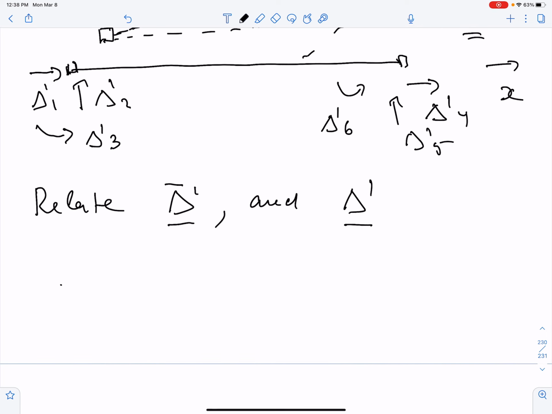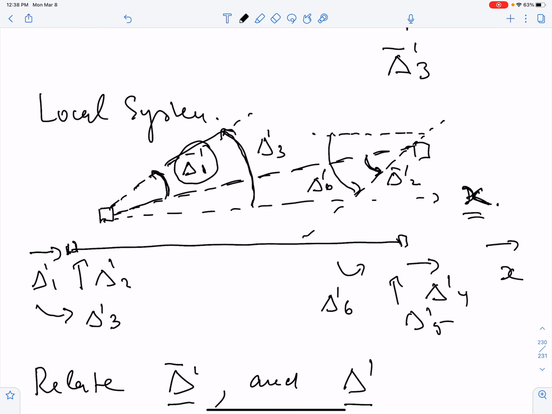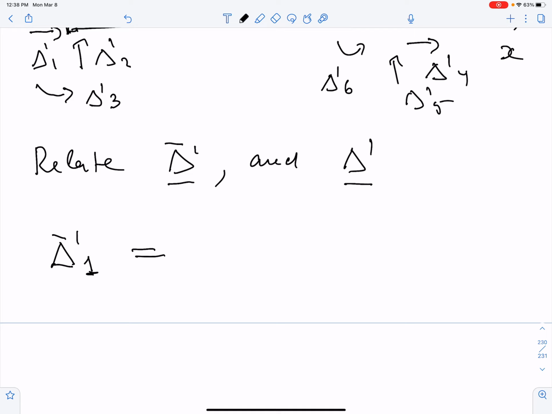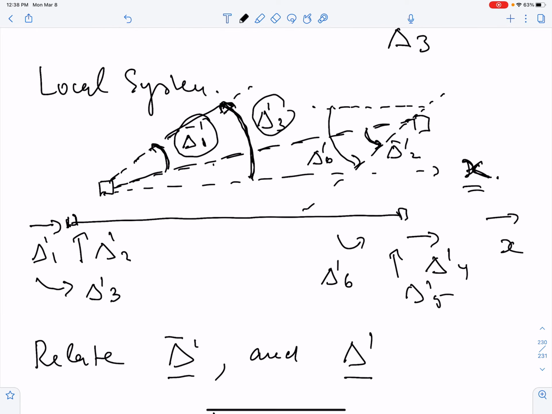Let's look at the rotation in the basic coordinate system, delta over bar prime 1. What does it equal? It equals delta prime 3, the possibly larger rotation, and from delta prime 3 I need to subtract this angle here.